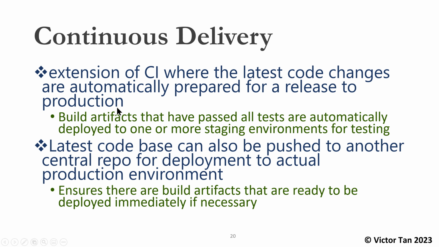Production server means the actual server that your end users or clients will access in order to use the functionality of your app. So CD is about how do I get your compiled code base that has passed all the tests, that working code base, onto a production server?